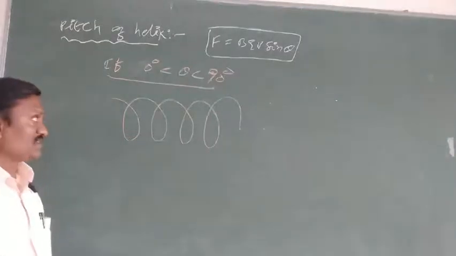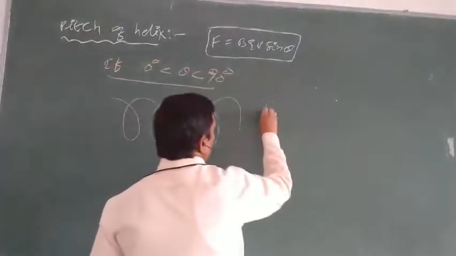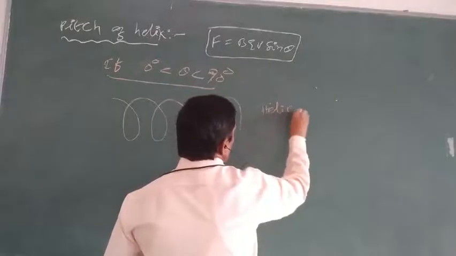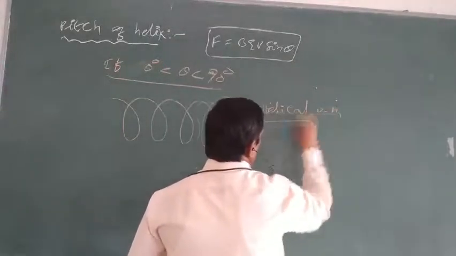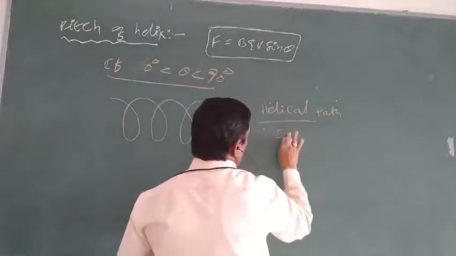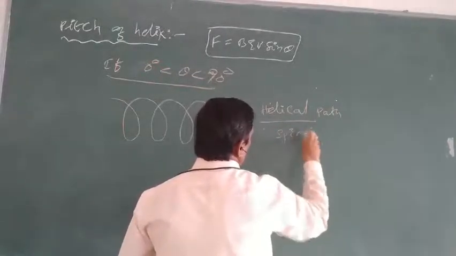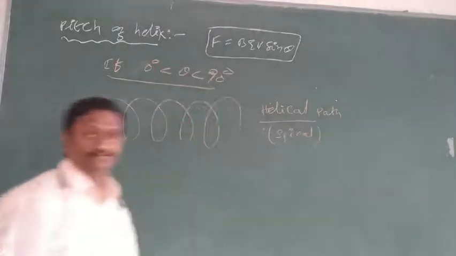This path is called a helical path, and it is also called a spiral path, and also a spring path.